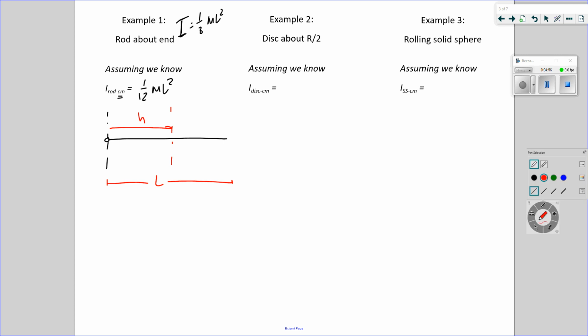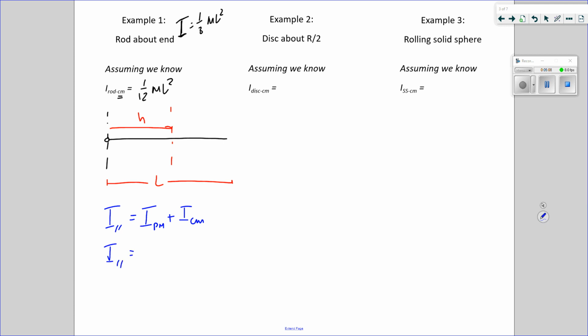The way I write it is I parallel equals I point mass plus I center of mass. The point mass is saying this thing rotates in a circle around our chosen axis at the end of the rod, so that's mh squared, where h is L over 2.